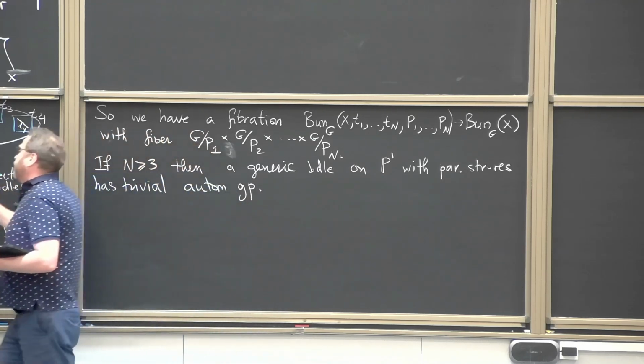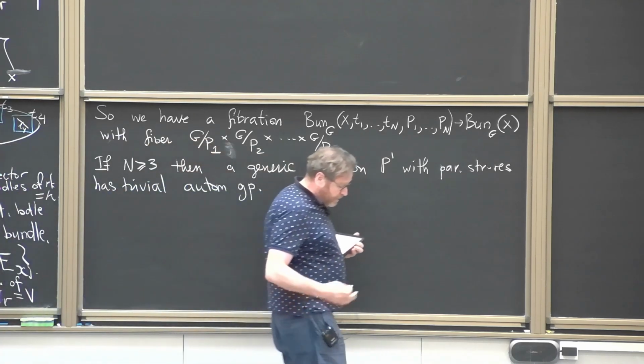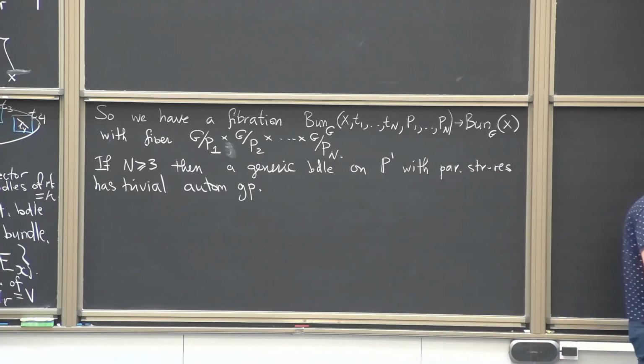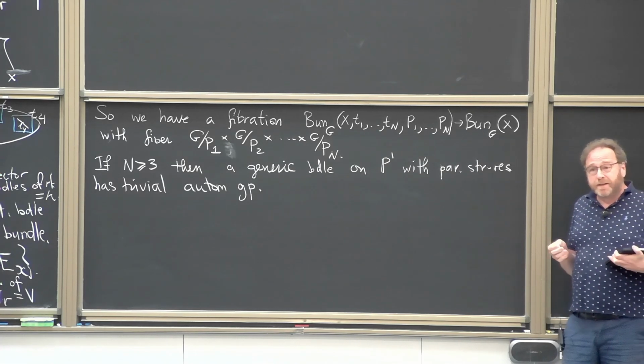So there is a notion of a stable bundle with parabolic structures. There are actually more than one, but it doesn't matter much which one we use for the purposes that I want to discuss. Let me not discuss this right now. Maybe if we have time, I will explain what this means.